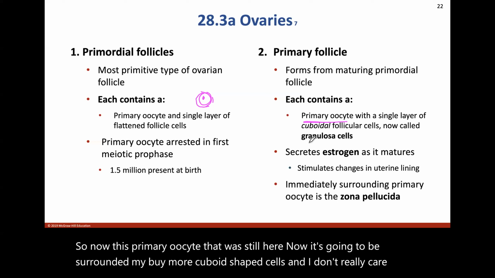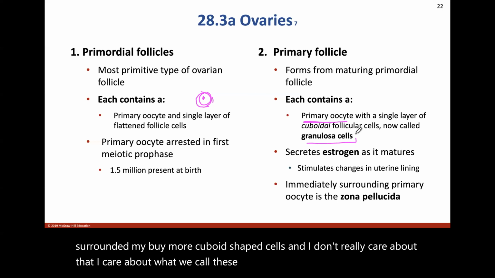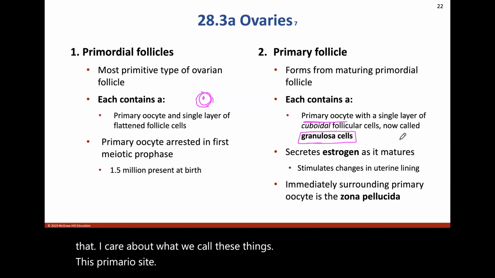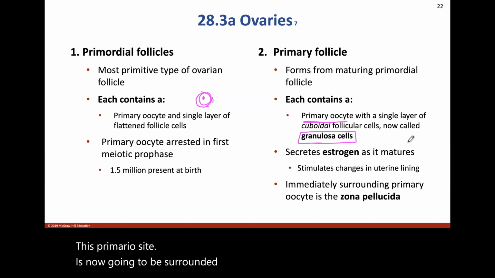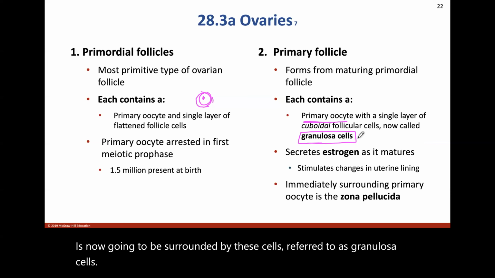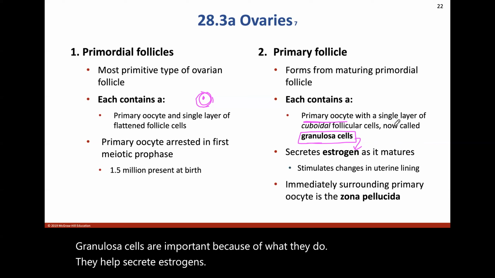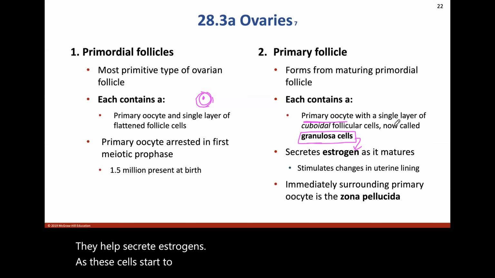I care about what we call these things. This primary oocyte is now going to be surrounded by cells referred to as granulosa cells. Granulosa cells are important because of what they do. They help secrete estrogens. As these cells mature, they start to produce it.